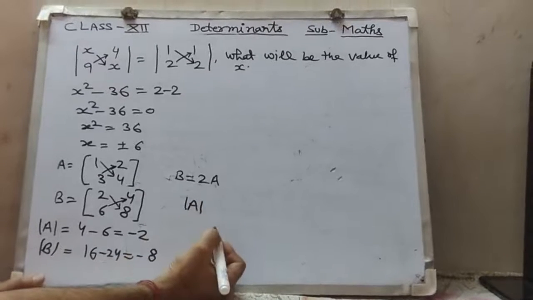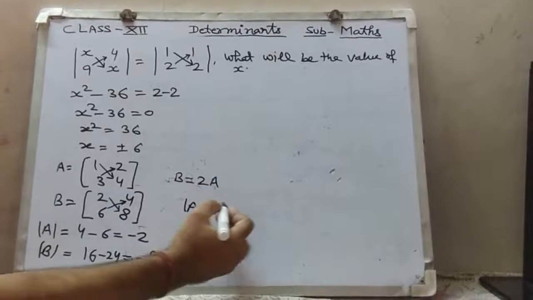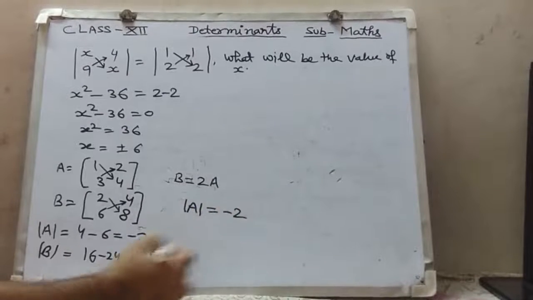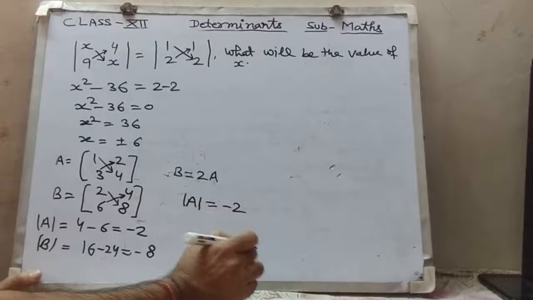Determinant of A is equal to minus 2 and determinant of B is equal to minus 8. From here you are seeing B is equal to 2A.